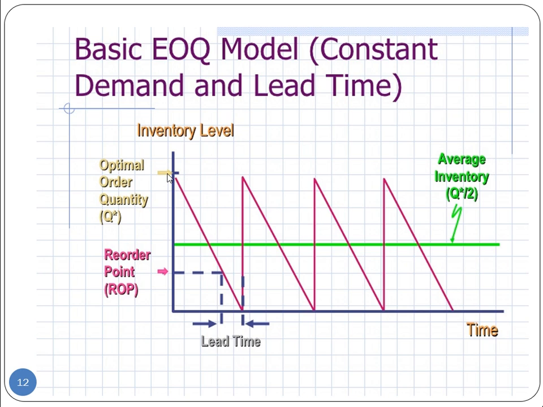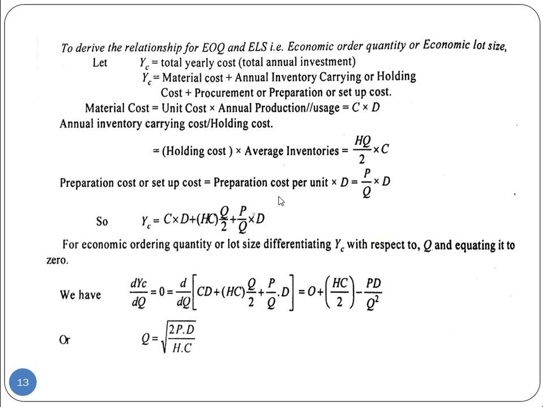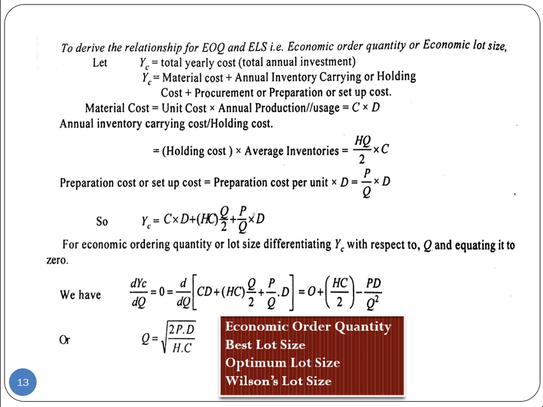Okay, this is another viewpoint of this model one, the basic model, with constant demand and lead time. This relation I have already explained in the previous lecture. And sometimes this Q we have to find: how many units we are going to put in a lot.